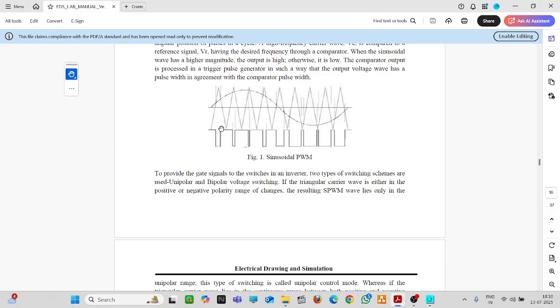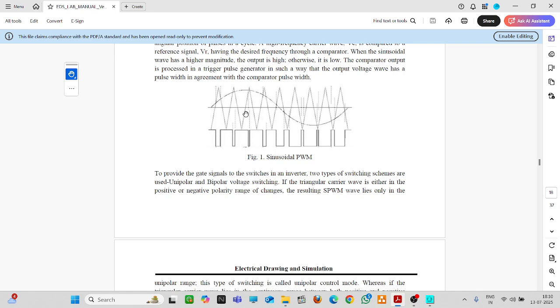Now, similarly, you will be having the carrier waveform, and we will keep the frequency of the carrier waveform fixed, and the amplitude is also fixed. It means that by varying the amplitude of a sine signal, you can vary the amplitude of the output voltage.